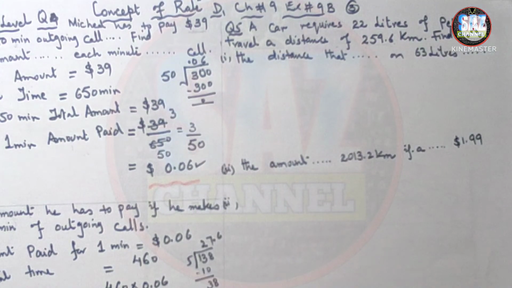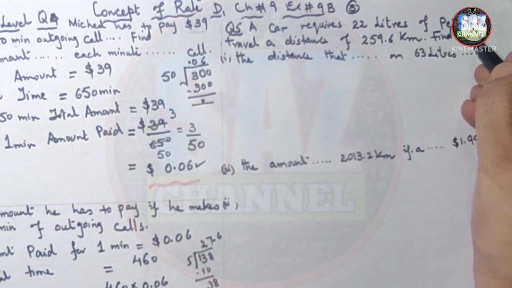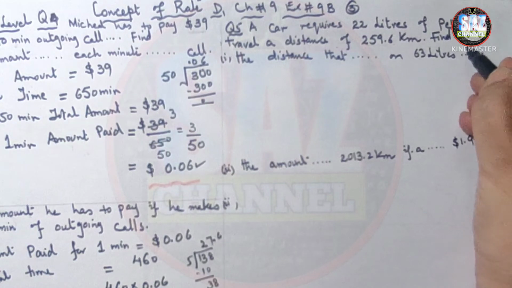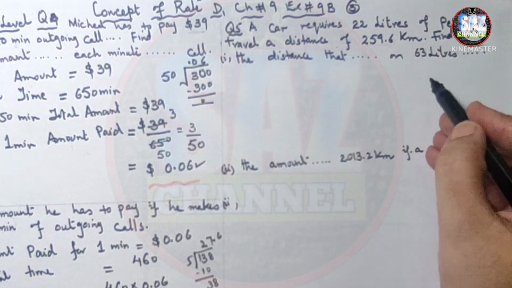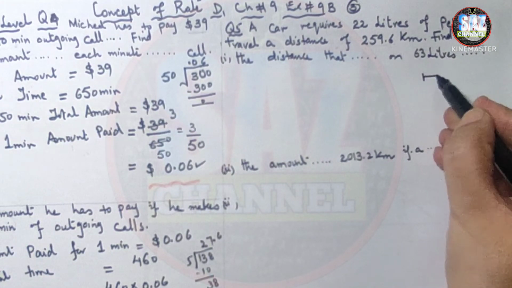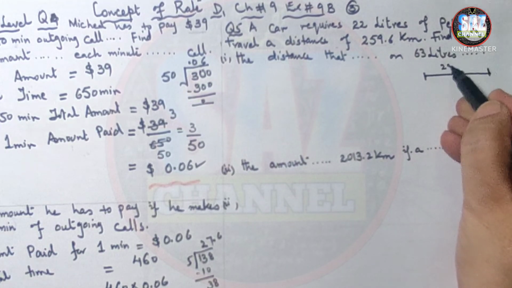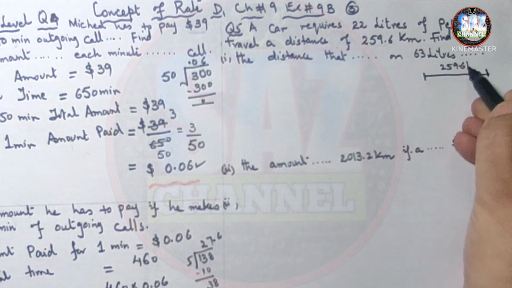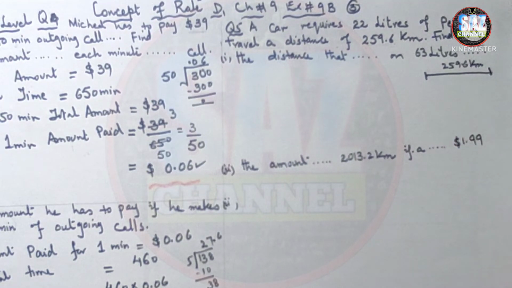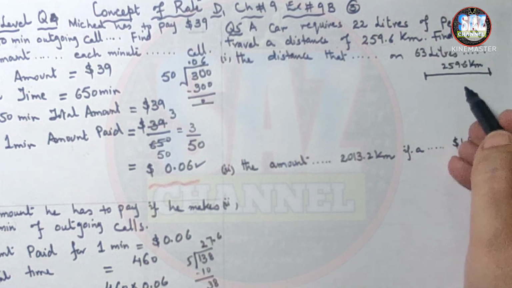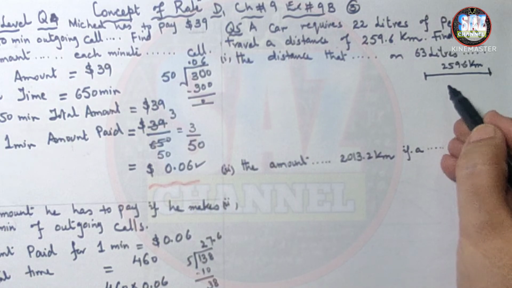Let me make some diagram here so that my students can understand the concept easily. This is 259.6 kilometers. This is the distance, and in order to cover this distance, the car requires 22 liters.